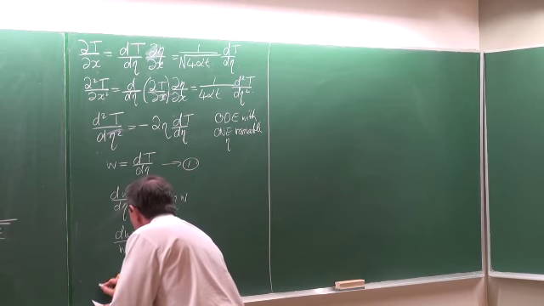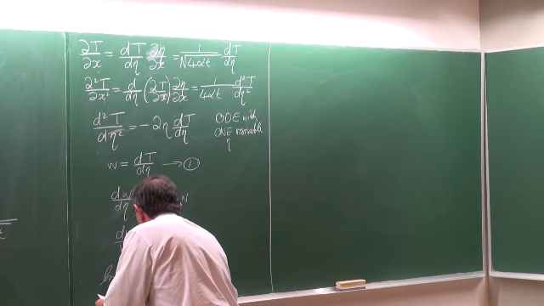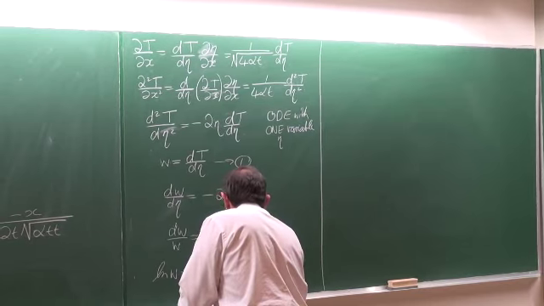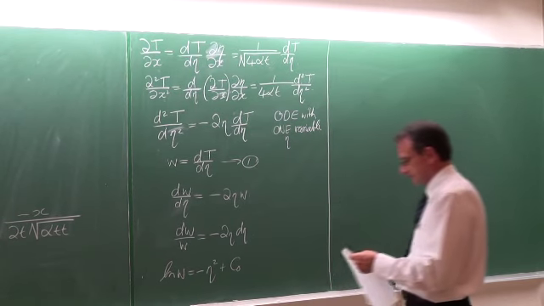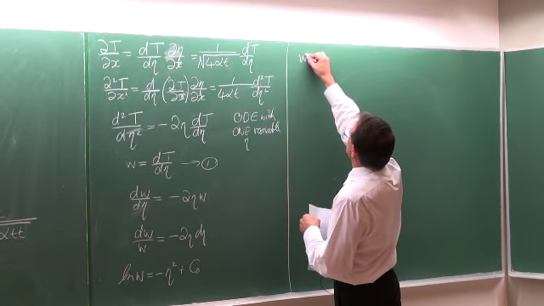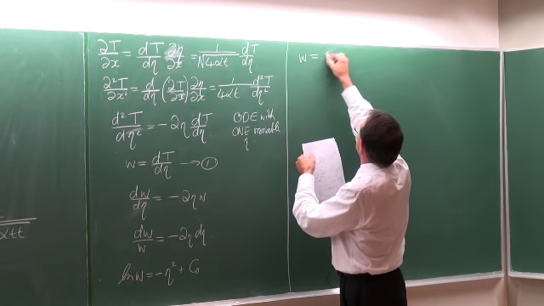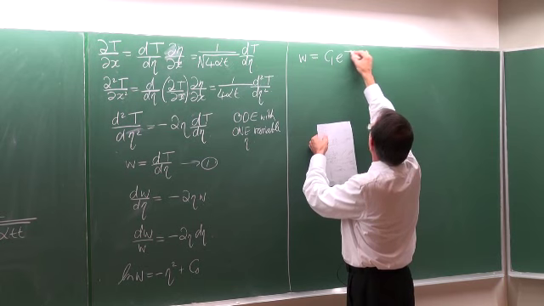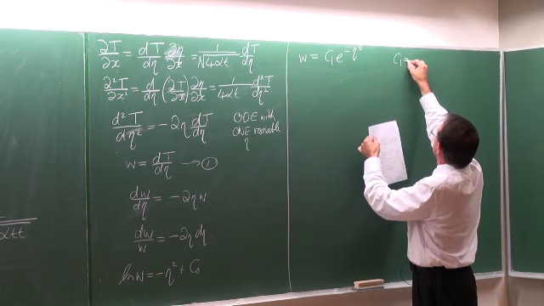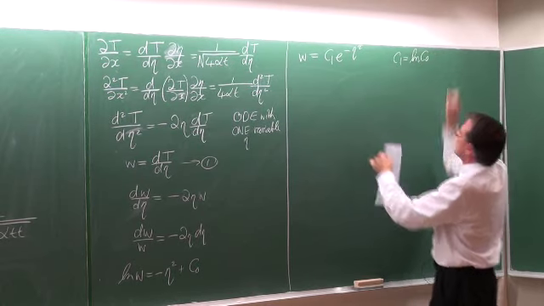That is equal to ln W is equal to minus η² plus a constant. Or we can say W is equal to C1 e to the minus η², where C1 is equal to the ln of C0.